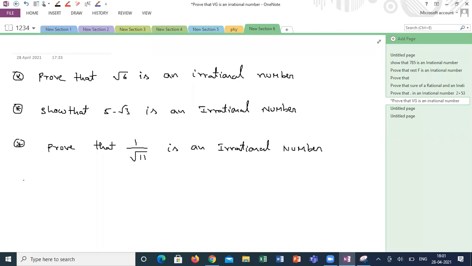Meanwhile, you start. I'm going to give some more extra questions which they asked in your earlier board examinations. Many times they asked to prove that root 2 is irrational. Many times they asked it for 3 marks. The scope of asking 4 marks or 5 marks is very less, almost 2 marks or 3 marks from this topic.